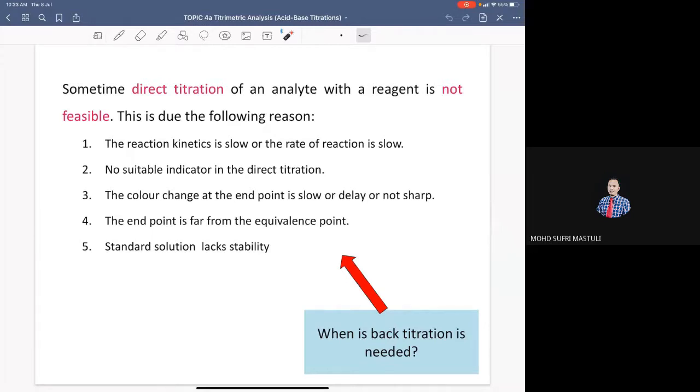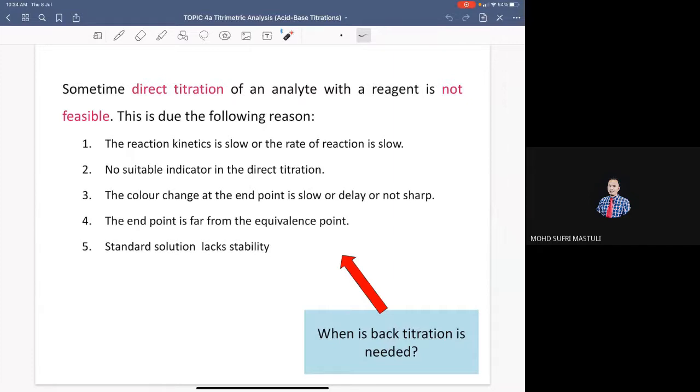Maybe the reaction rate is low, or we cannot obtain a suitable indicator that can be used in the direct titration, or the color change at the endpoint is slow, or in other words delayed, or we cannot observe the color change sharply, and maybe during the direct titration the endpoint is far from the equivalent point, or another reason, the standard solution lacks stability.